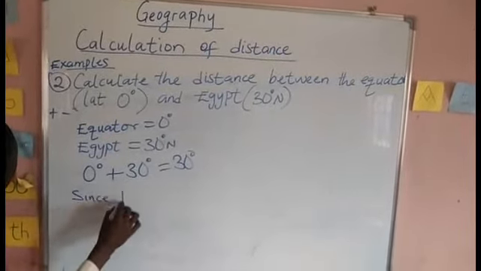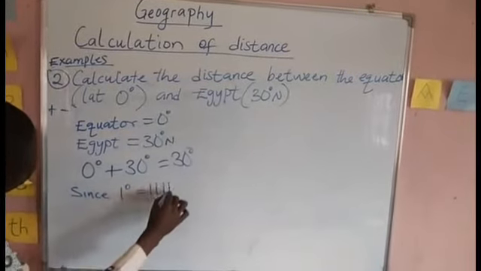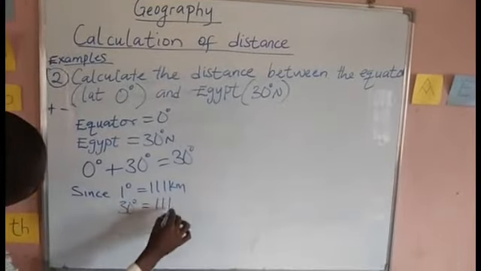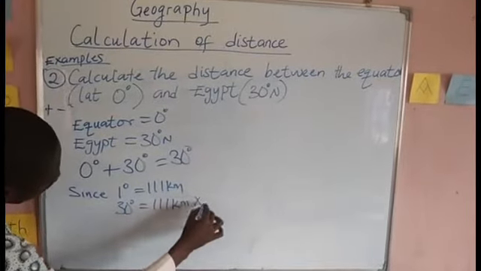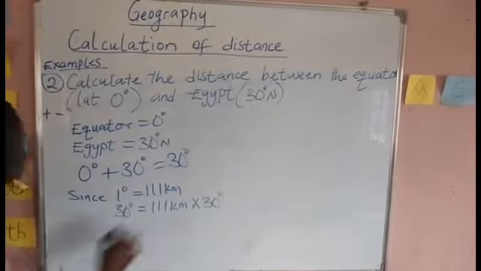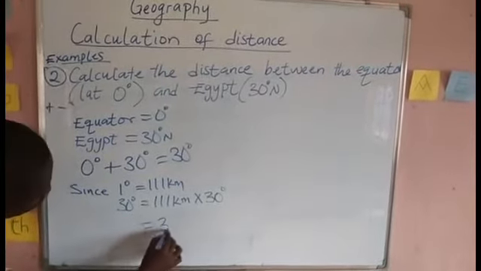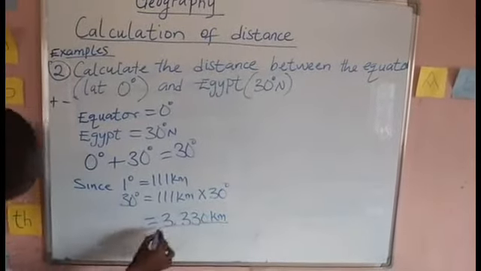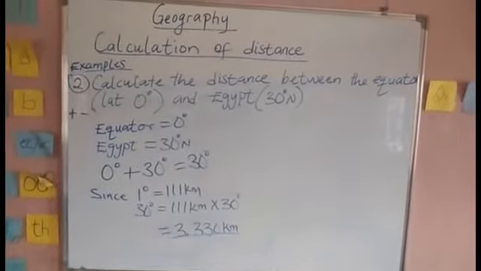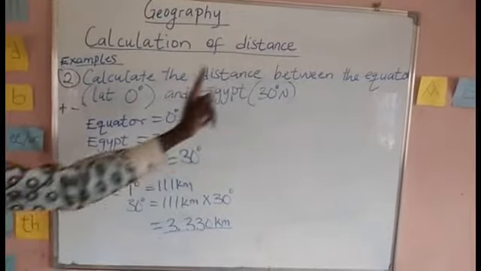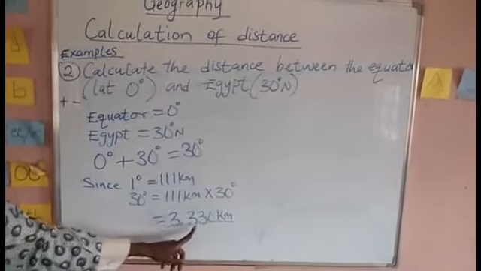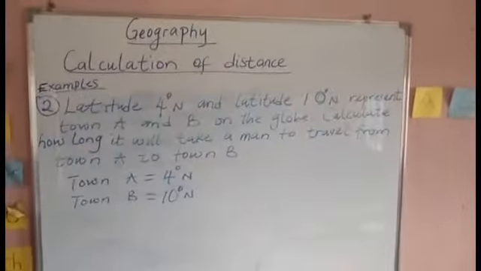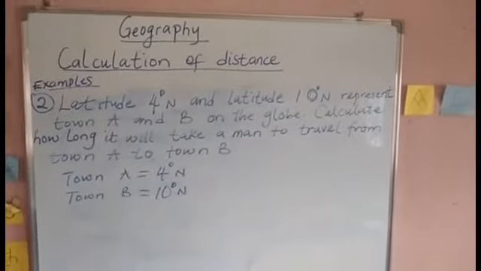Since 1 degree equals 111 kilometers, 30 degrees equals 111 kilometers times 30, and we have 3,330 kilometers. So the distance between the equator and Egypt is 3,330 kilometers.